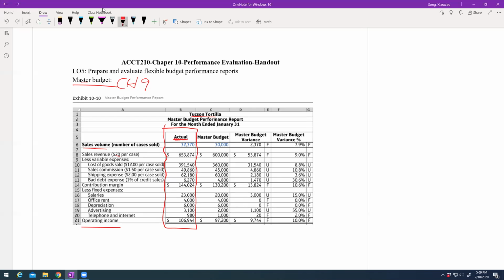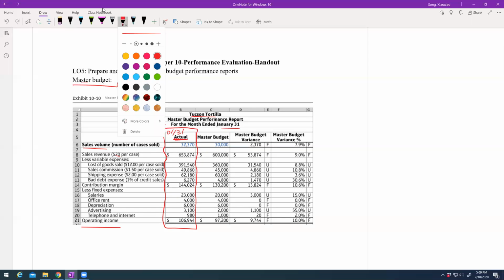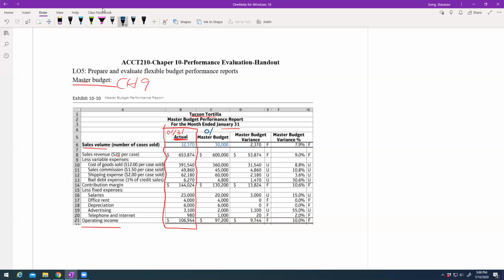And then you also have this master budget at the beginning of the year. Your actual is as of January 31st, but you made this master budget on the first day of January.